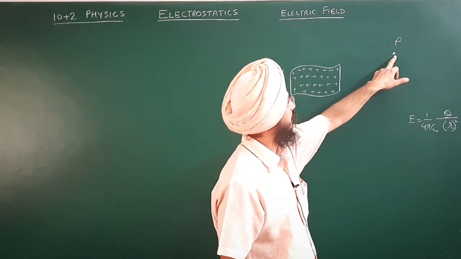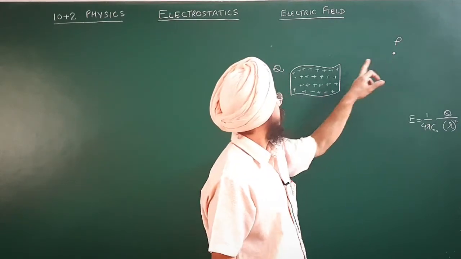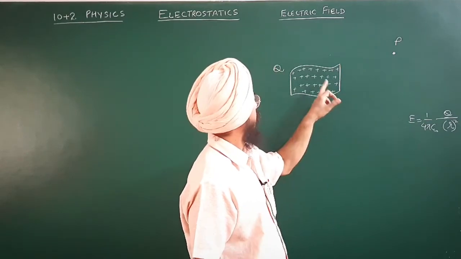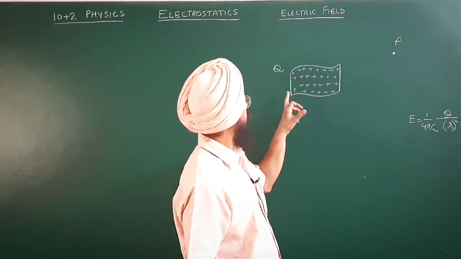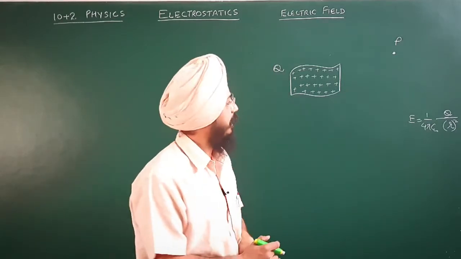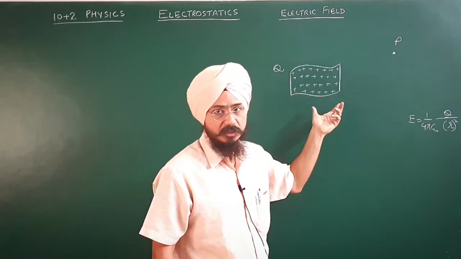Now we have the observation point over here. From where will we take the distance? Do we take it from here? Or from here? Or any point from here or here? So this is the main problem, that Coulomb's law cannot be directly applied in these types of cases.